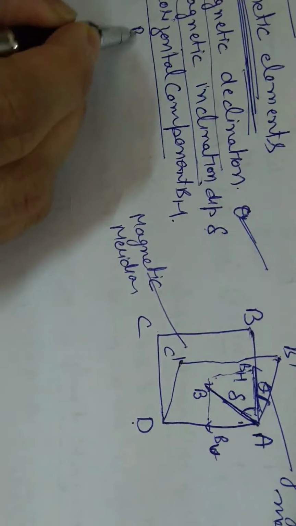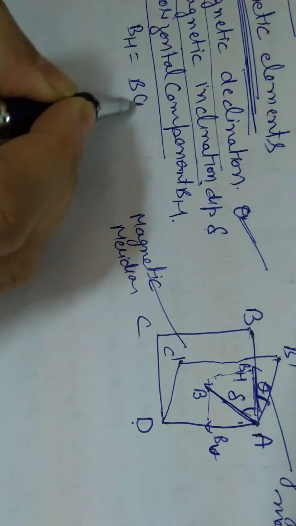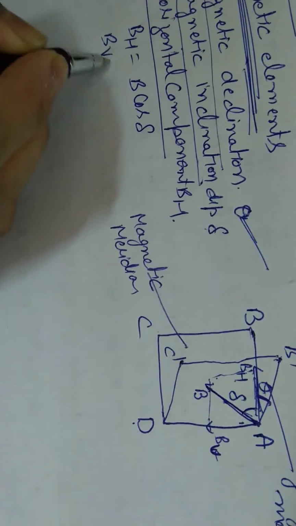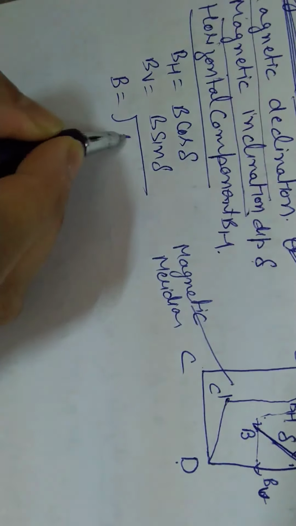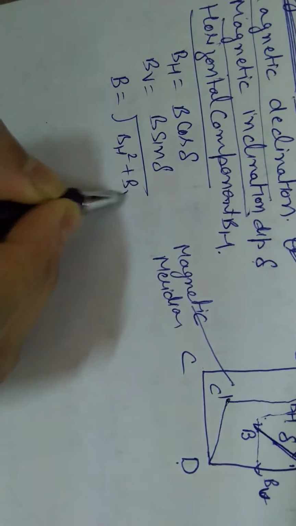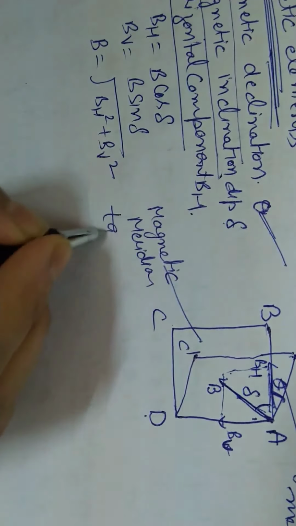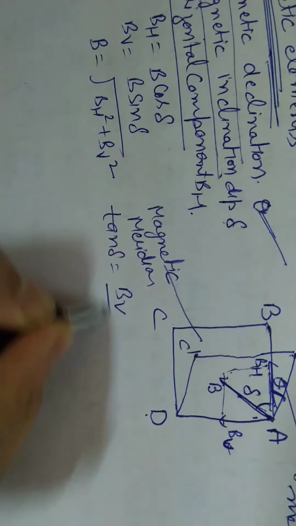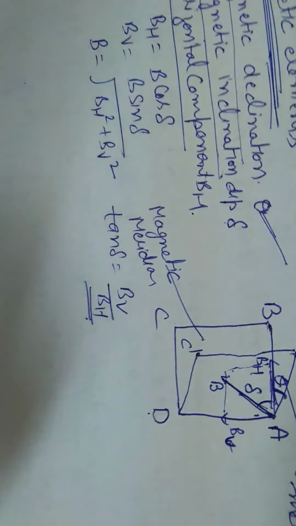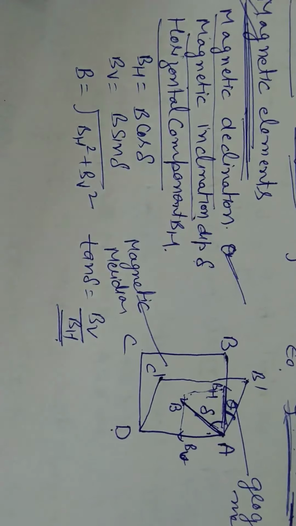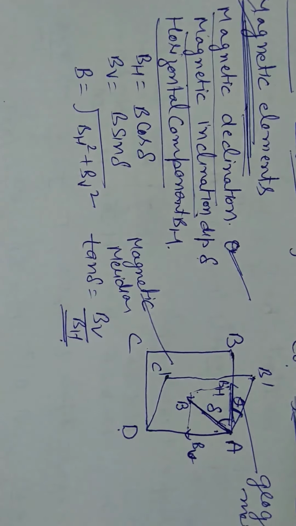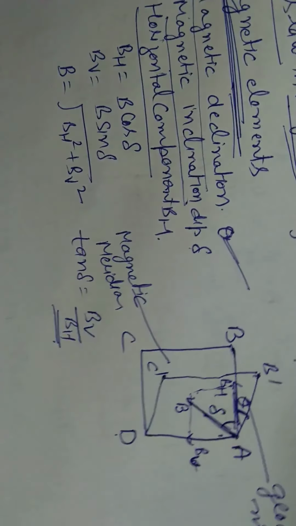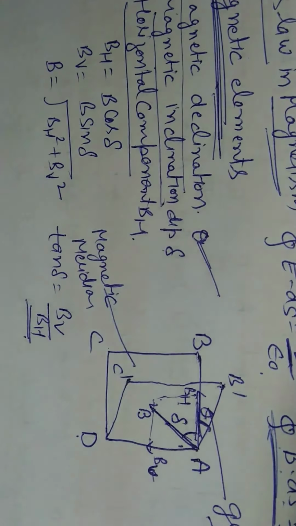As usual, how do we write this horizontal component? H is B cos delta, vertical is B sine delta, and the total is the square root of horizontal square plus vertical square. And what about tan delta? That is vertical upon horizontal. Okay, so these are the magnetic elements that are used to describe the magnetic field of Earth.